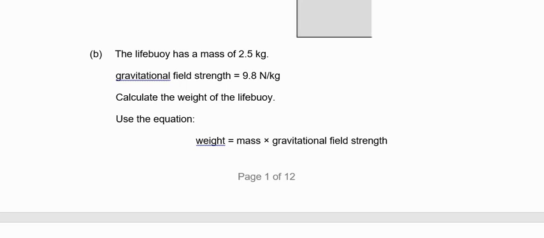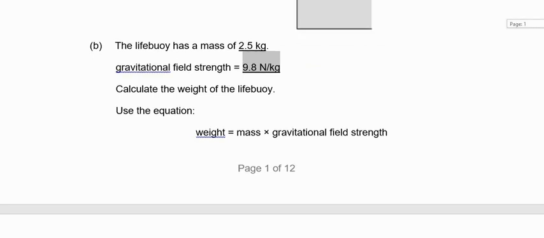We should underline the values that have been given to us in the question, and we should also check that the units are correct. In this case, 2.5 kgs, that is the correct unit, and 9.8 newtons per kilogram, that is also the correct unit.